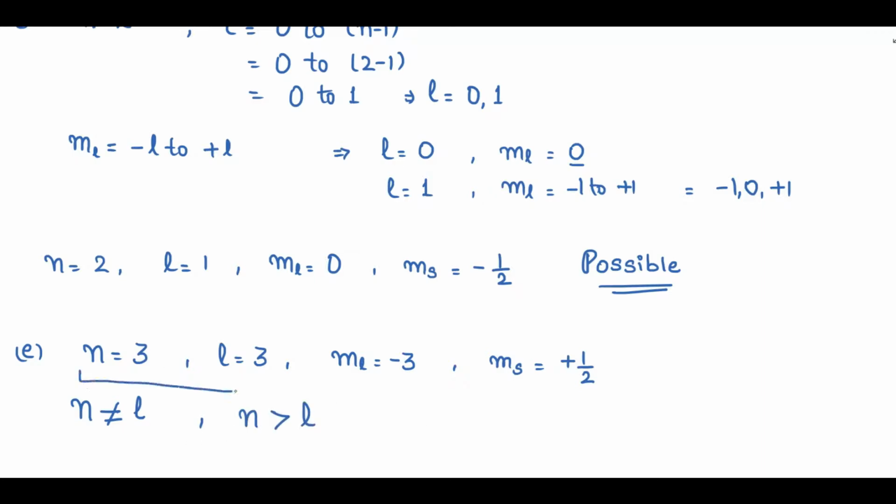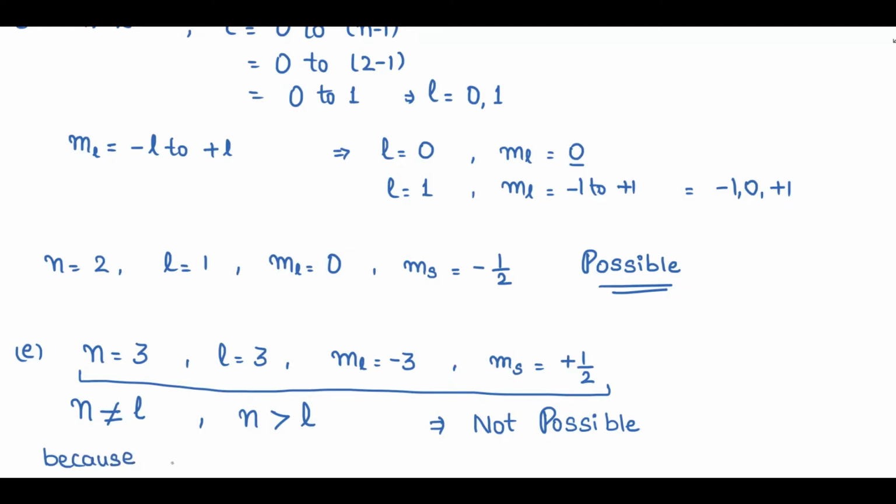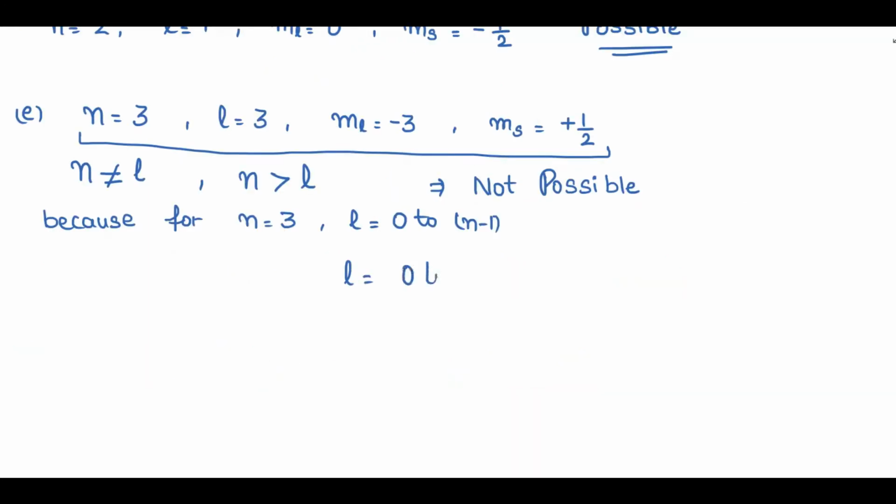So definitely this set of quantum numbers is not possible, because for n equal to 3, the possible values of l will be 0 to n minus 1, that means 0 to 3 minus 1, 0 to 2, so 0, 1, 2.